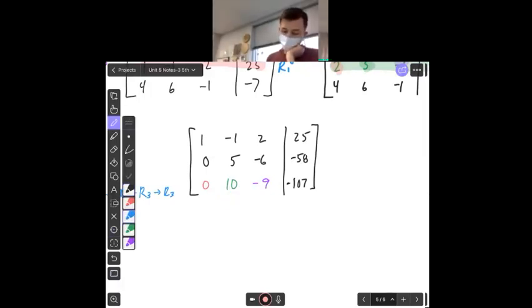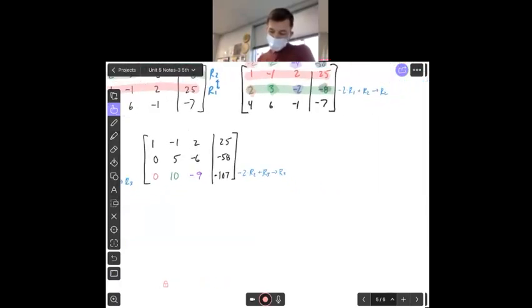Okay. We're saying -2 times row 2 plus row 3 will give us that new row 3 that has a 0 where we want it. See if I have enough space to squish this over here. Yeah, I should be able to do it.